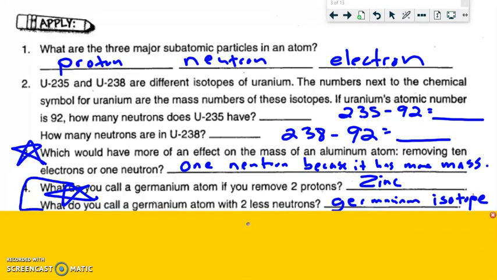I would go 2 spaces down on the periodic table, and zinc is the atom that would be right there. However, if I take neutrons away, neutrons do not change what kind of atom it is. Only protons do that. So if I take neutrons off, it's still a germanium atom, but now I can call it an isotope because it has a different mass than the normal germanium one we started with.